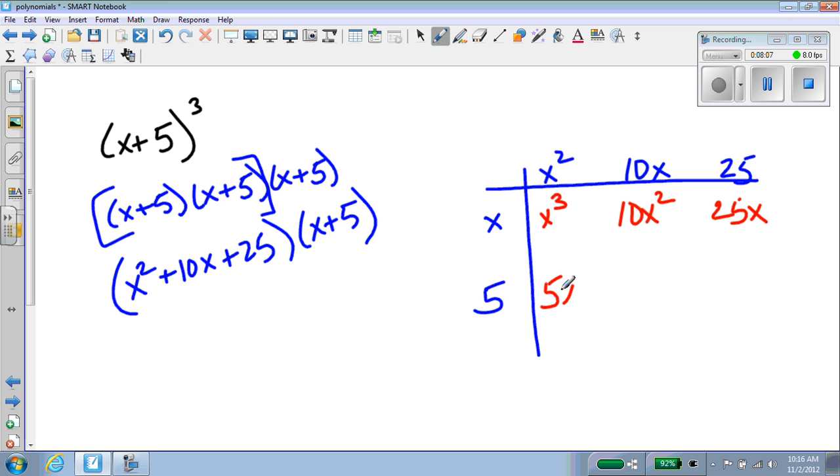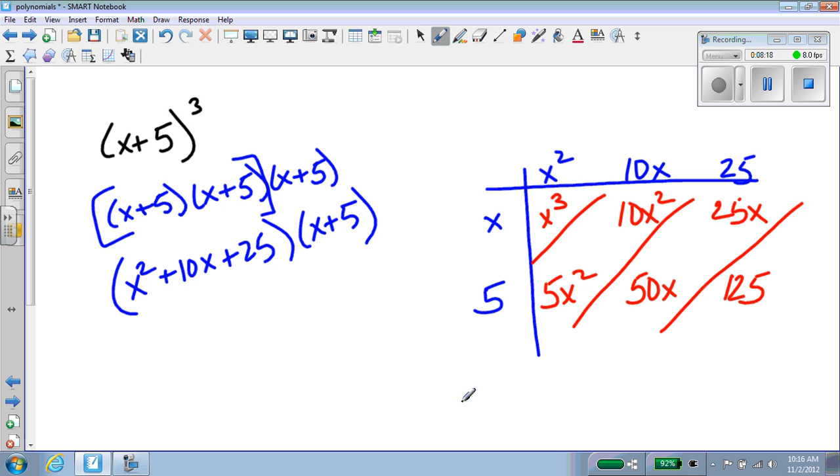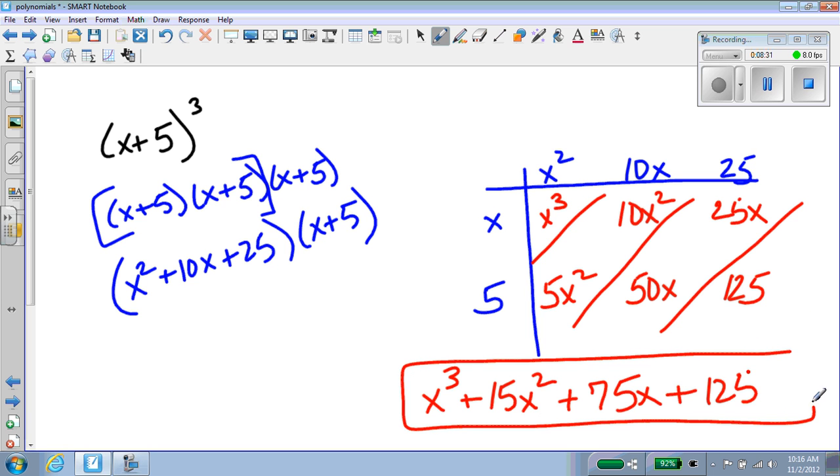This is 5x squared, 50x, and 125. On the diagonals, I have my like terms: x to the third plus 15x squared plus 75x plus 125. Done.